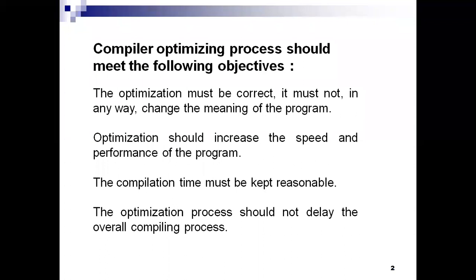Now, what I'm going to discuss in this chapter under code optimization is the various transformations that can be applied on the code to improve the performance of the program, and other topics about the types of transformation techniques in code optimization, right?